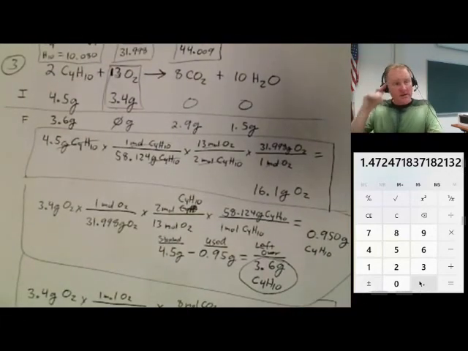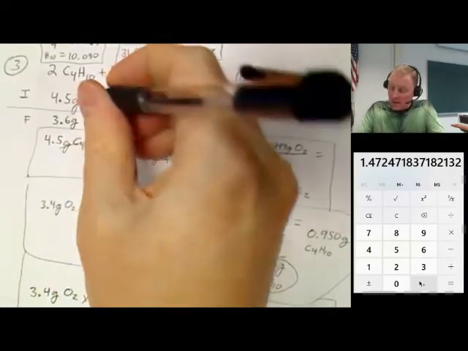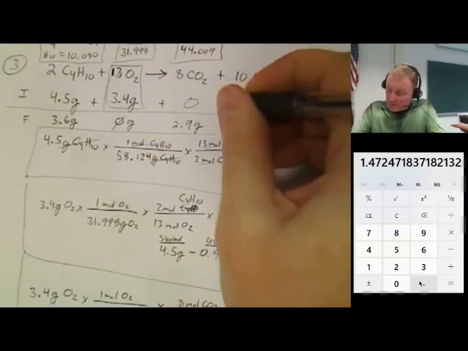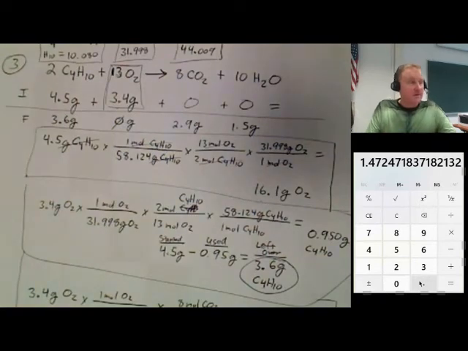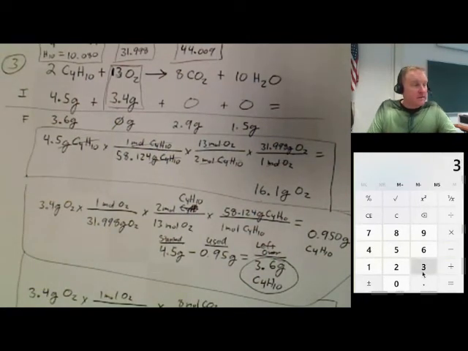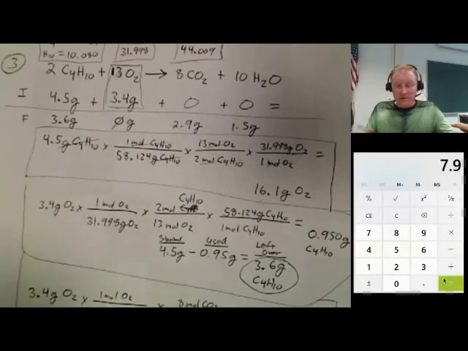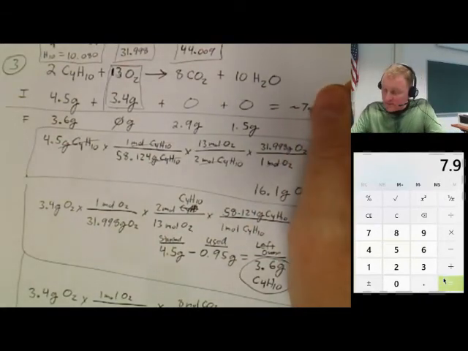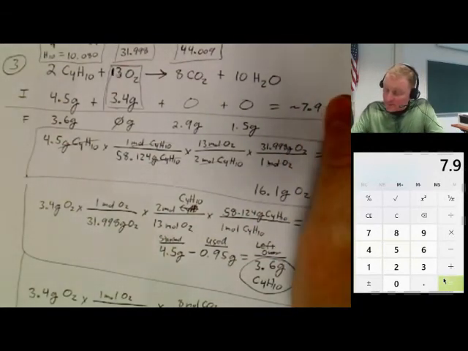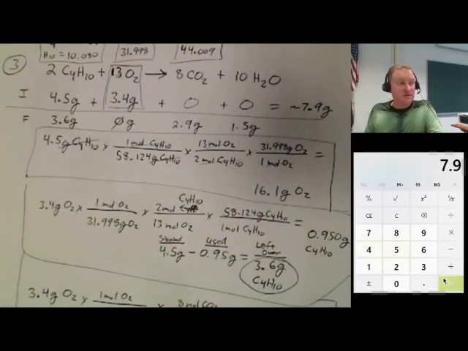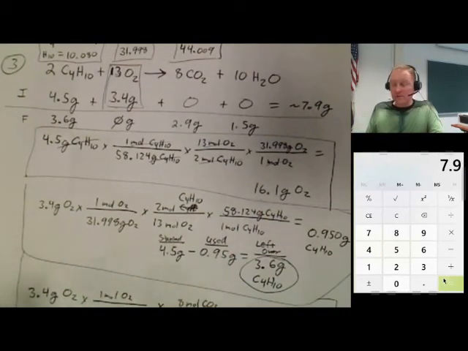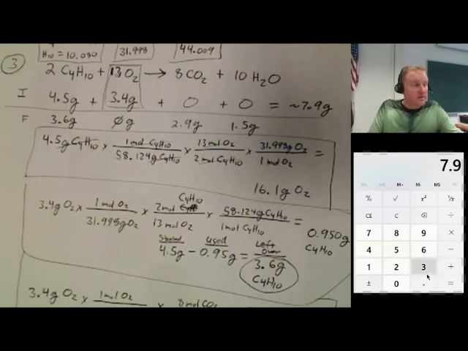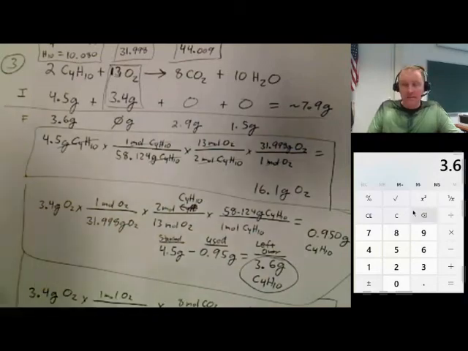Now, a good way to double check this stuff is to sum up all of your initial amounts, which would be 4.5 plus 3.4. It's roughly 7.9 grams. Remember, the law of conservation of mass says it doesn't change. And I did do some rounding off, so it should be very close, but let's see how close I get. 3.6, that's this number.